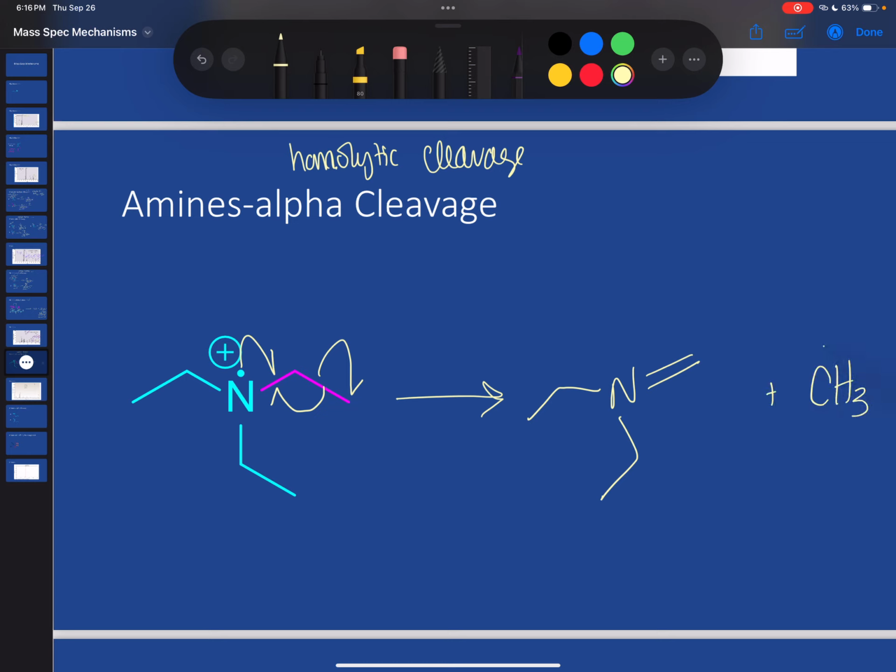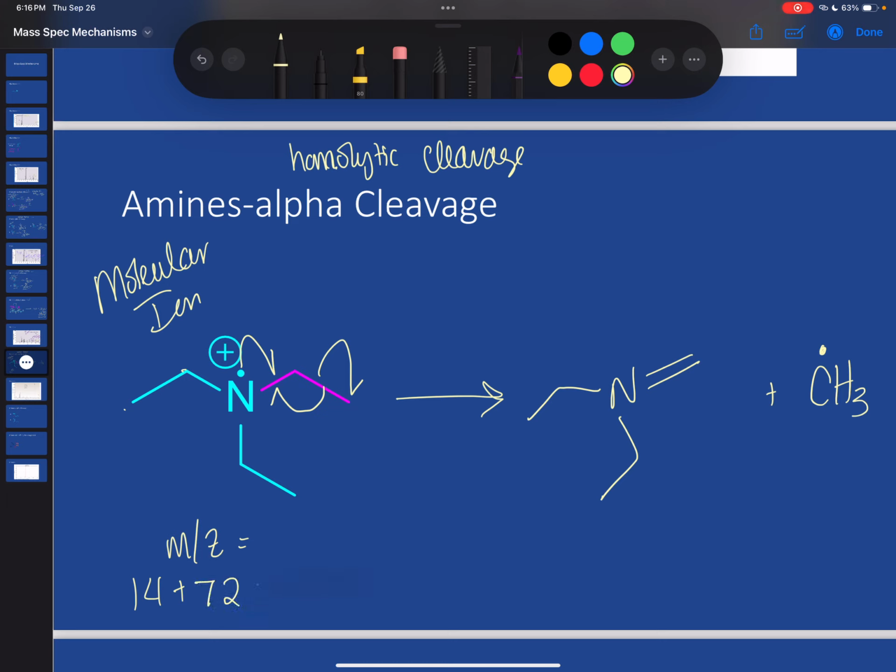Once again, I have skipped the step where I was supposed to check the mass of my molecular ion, so let's do that. So my molecular ion is just going to be the mass of this entire thing. Molecular ion, so mass to charge ratio. All right, so nitrogen is 14, plus I have 6 carbons, so 6 times 12 is still going to be 72.